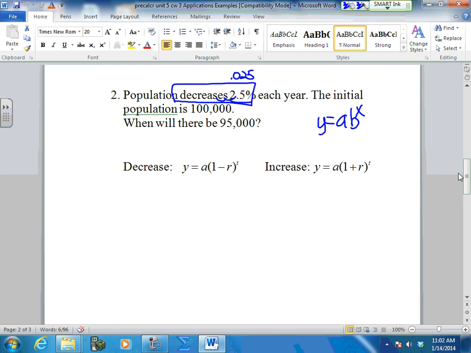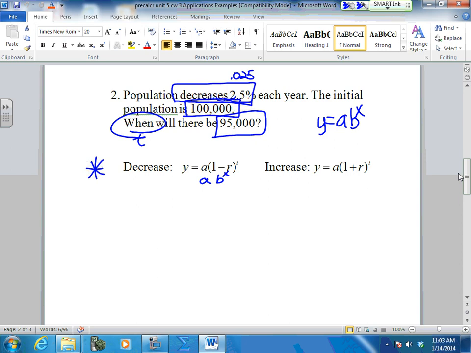The initial population starts at 1,000. My population is going to decrease 2.5% each year. It's not at a flat rate because your amount's going to change each year of how much is left. I want to know how much time before my population reaches 95,000. Now, notice I put decrease. This is your A, B to the X. This is when we're using a decrease.